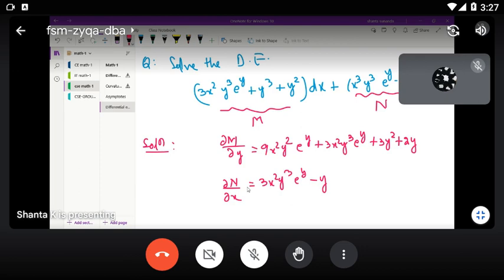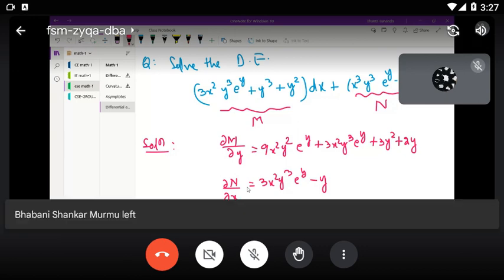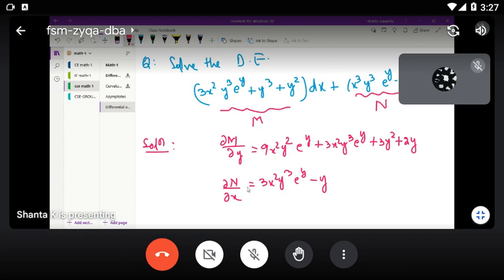So that form you can use. Which form can you use?